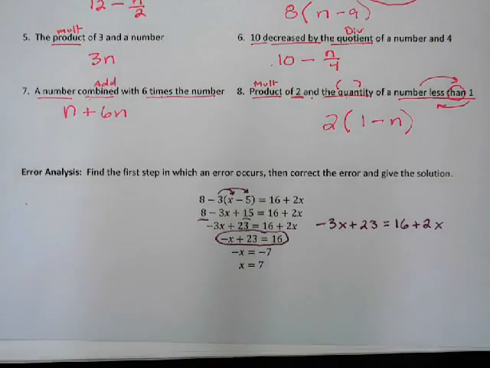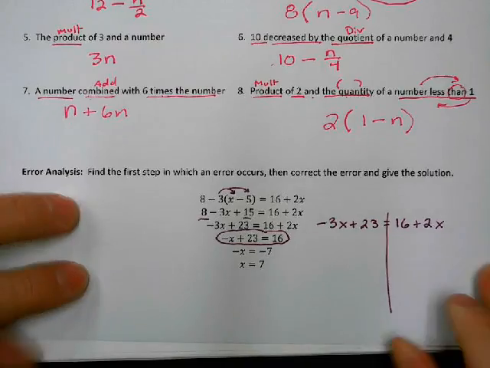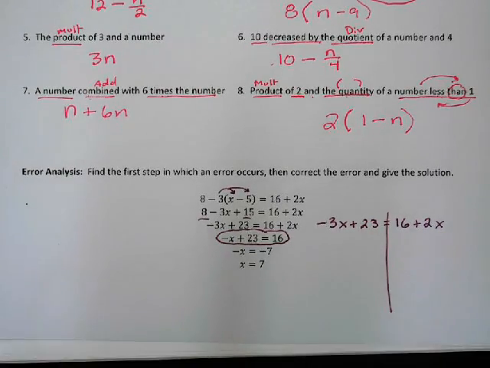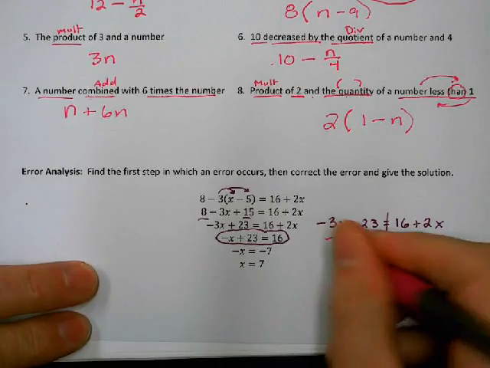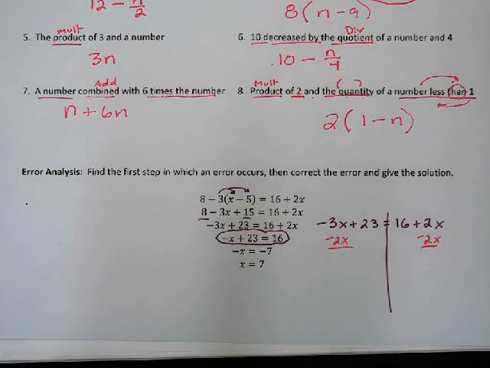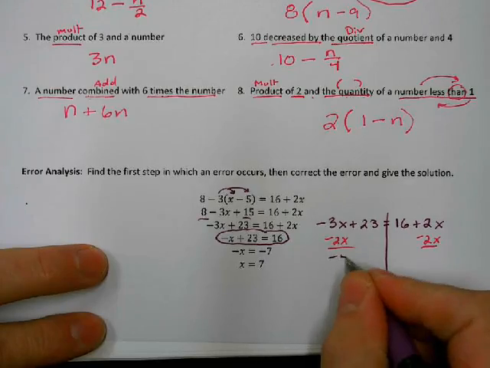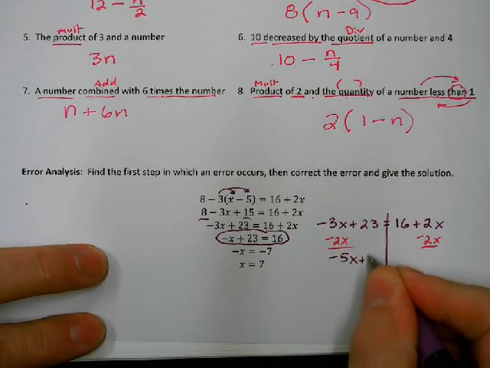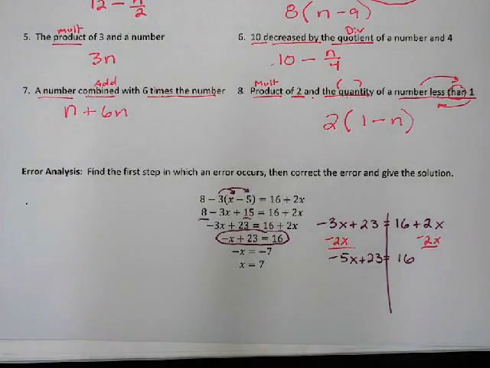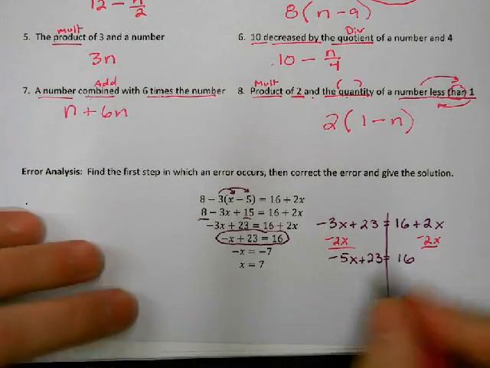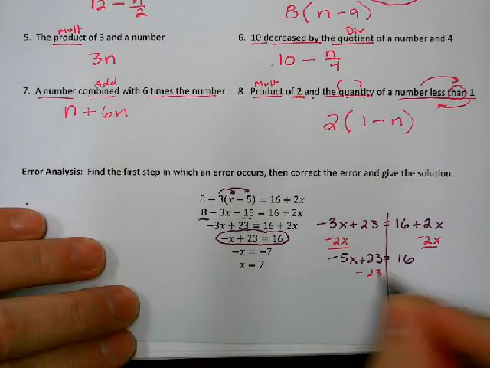Okay, so at this point, draw the line. Instead of adding 2x to both sides, they should have subtracted 2x from both sides. So they should have gotten -5x plus 23 equals 16. Now we can use our subtraction property of equality and subtract 23 from both sides.